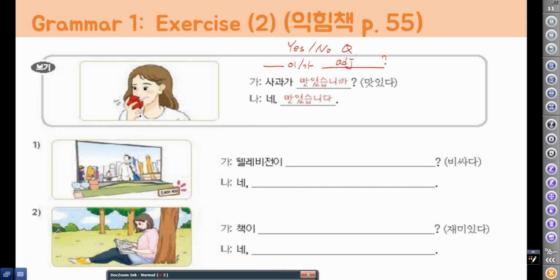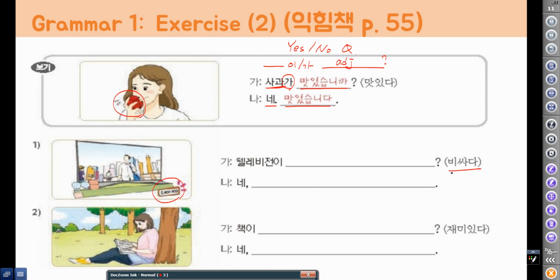Okay, so here, is the apple delicious? 사과가 맛있습니까? Delicious. 네, yes, 맛있습니다. It's delicious. So, number one, 텔레비전이, look at the price. It's over 2 million won, which is expensive.